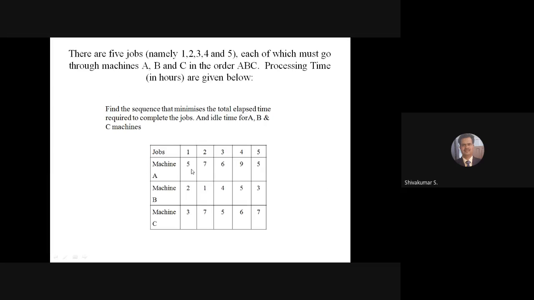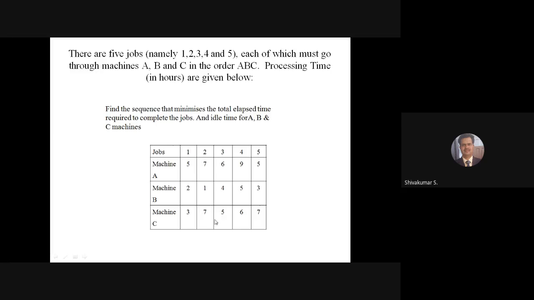The minimum processing time on machine A is 5. Maximum processing time on machine B is 5. So the minimum processing time on machine A is equal to the maximum processing time of machine B. So the condition is satisfied.